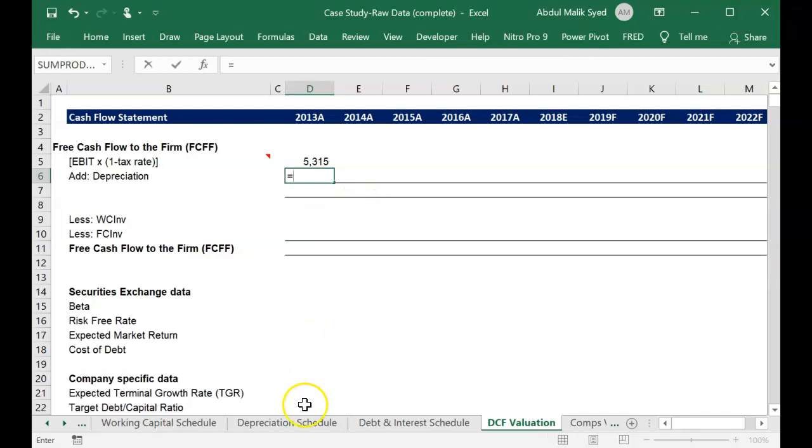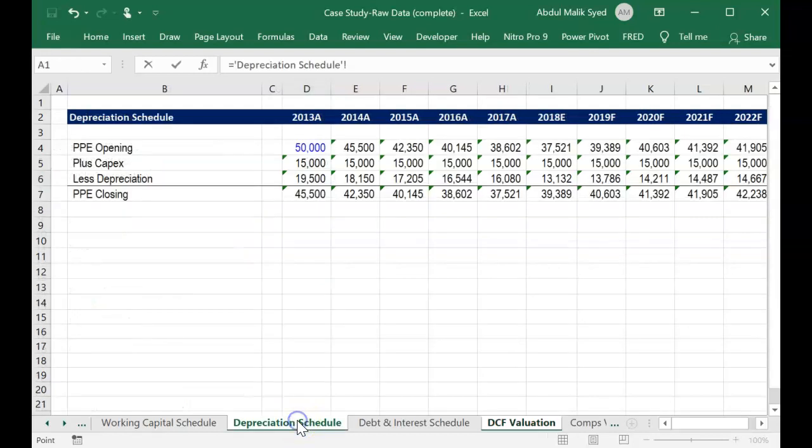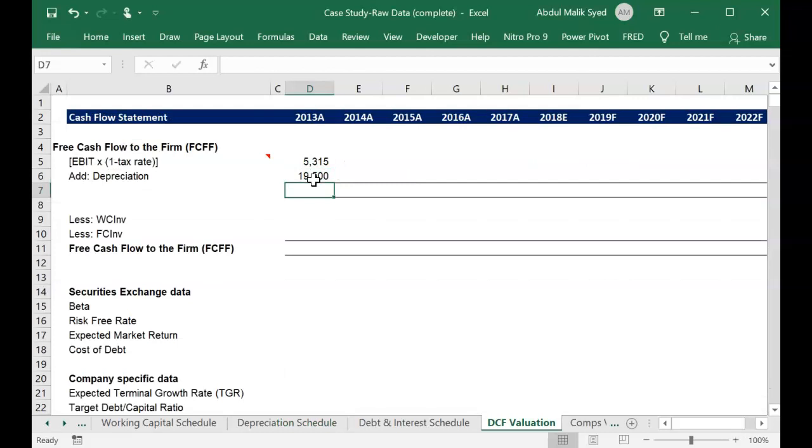Depreciation you can find in the depreciation schedule. If we add this, plus depreciation will give me what I call EBITDA, that is earnings before interest, tax, depreciation and amortization. You can keep this bold because this is a very important metric which we may use for comps valuation.